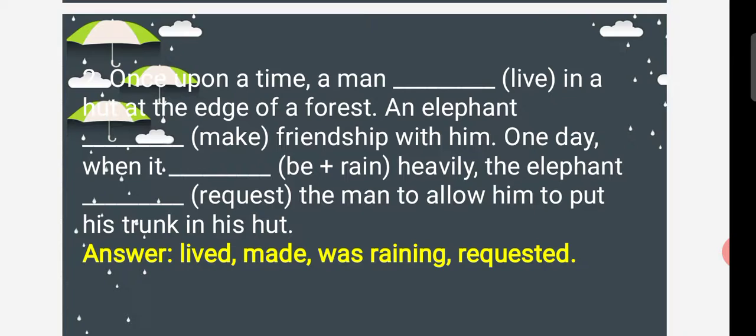One day, when it be plus rain. So whenever there is be, that is a state of being. I told you already, be means you have to use a helping verb like is, are, was, were. Okay? You should keep this in mind. Be means is or are or were, am. All these are be forms.